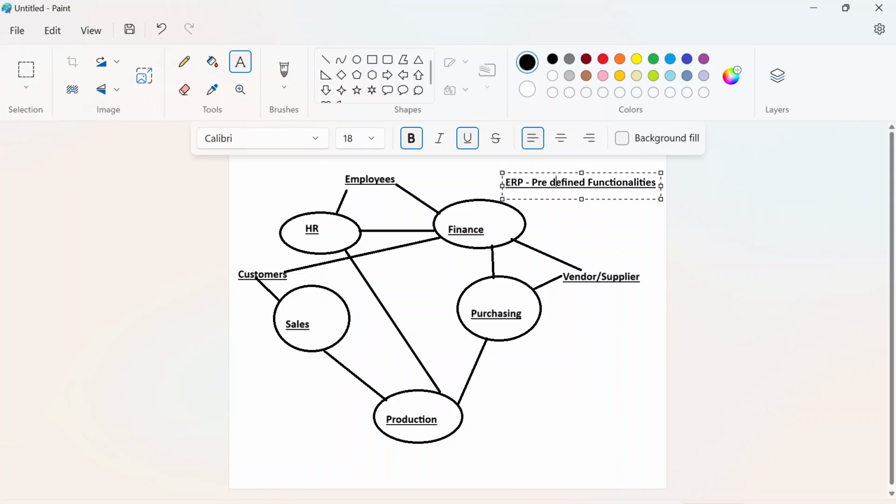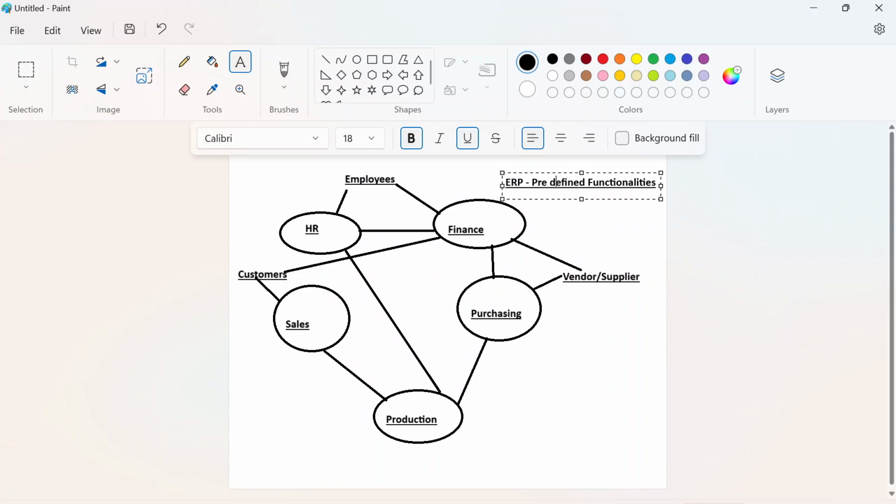Why I'm telling this? I'm saying that ERP contains predefined applications. Then you might ask, if all the applications are already developed and ready to use, then what is the role of us? What we need to do? What is the role of an ABAP developer in SAP ERP?